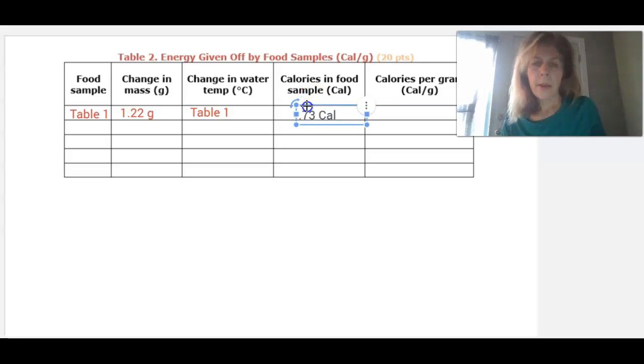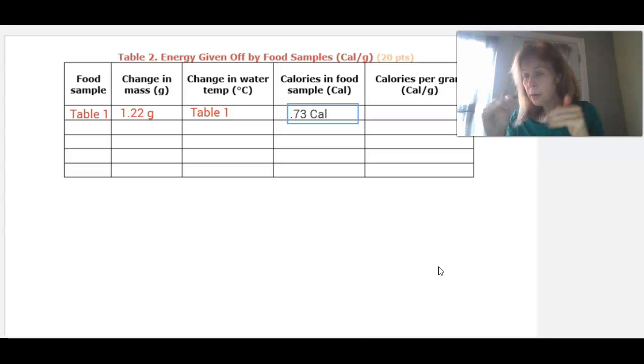All right, so now I have how many calories are in the food sample that I just had. But now, so we can compare all the different foods, we need to know how many they have per gram. Then we get numbers that we can actually compare. We're comparing apples to apples, not apples to oranges. And so if you look, the formula is right here.